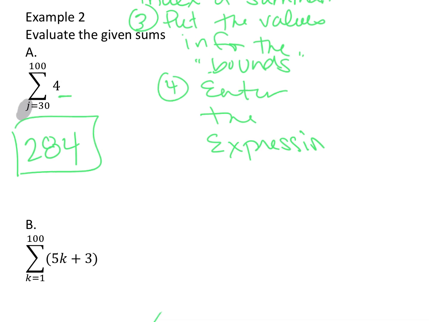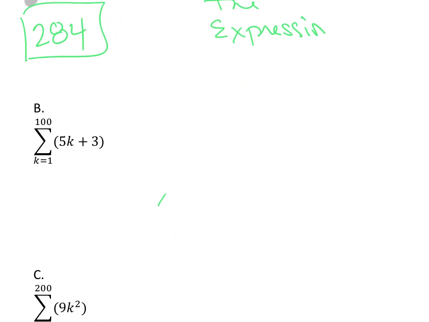So the next thing we're going to do is the 5k plus 3. Now, when using the calculator, make sure that you enter what you see exactly. One thing nice about it, it'll have the parentheses for you.